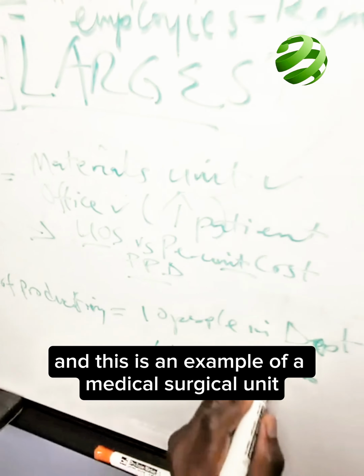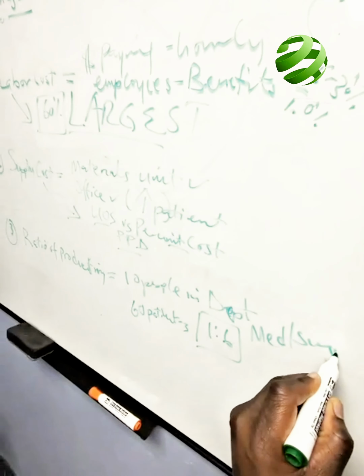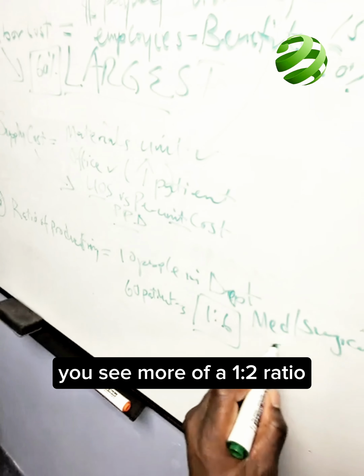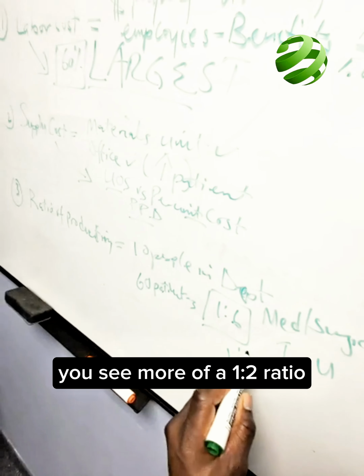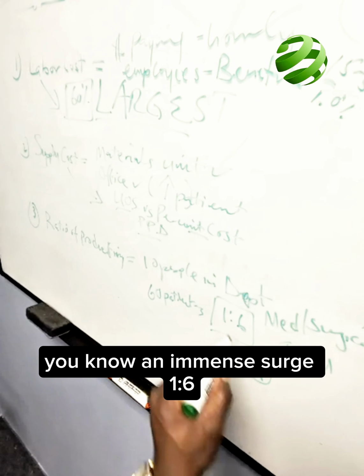Okay? And this is an example of a medical surgical unit. Okay? In some cases, 1-to-5, but a med surg. In ICU, you see more of a 1-to-2 ratio, one nurse to 2 patients, or in a med surg 1-to-6.